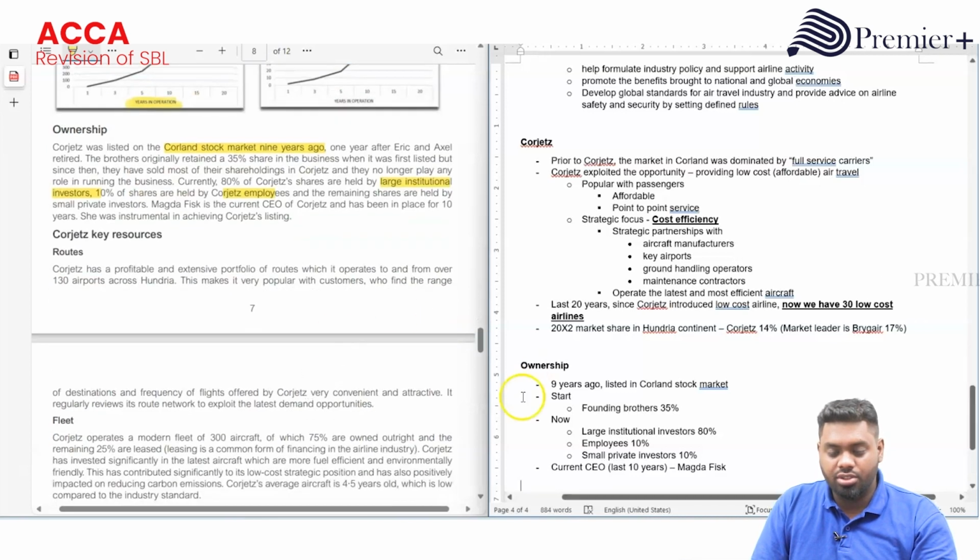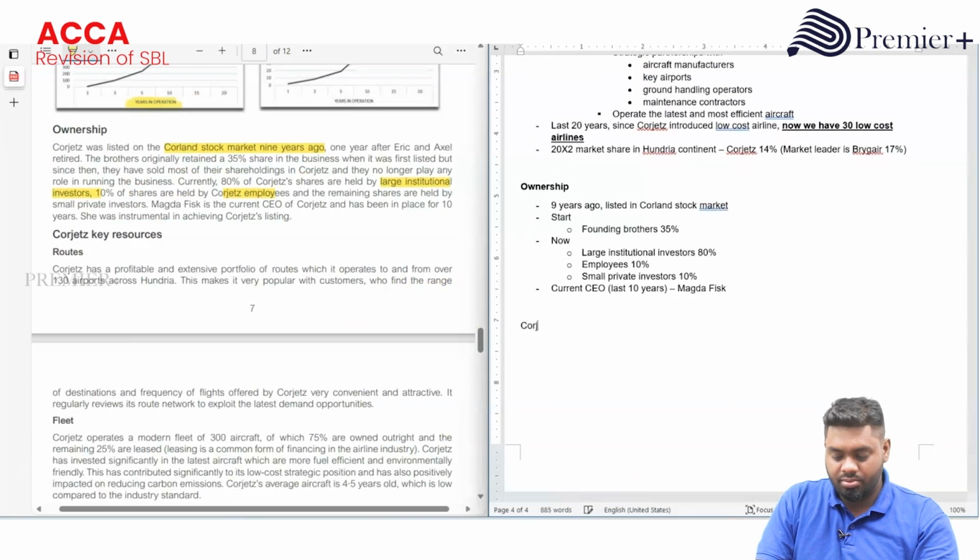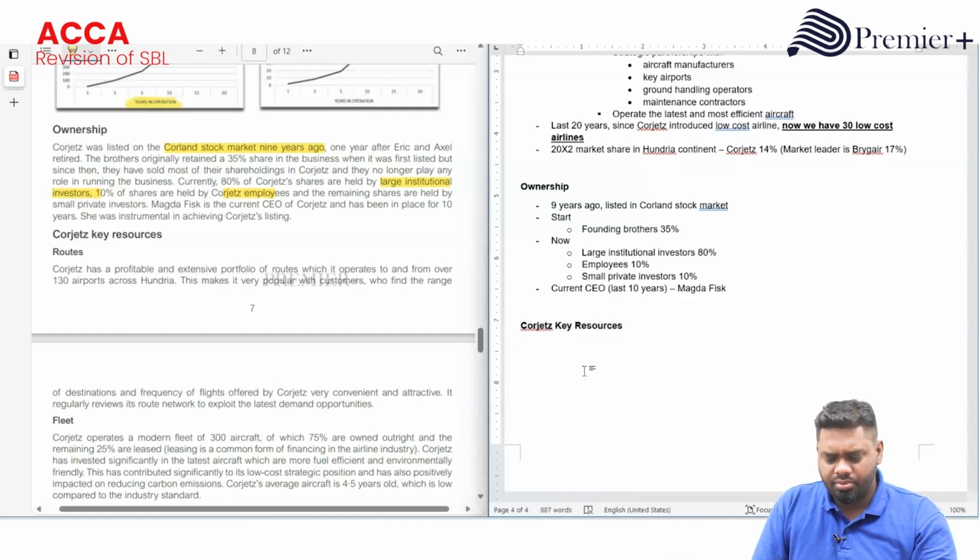Next, Courgettes key resources. Next is about routes.